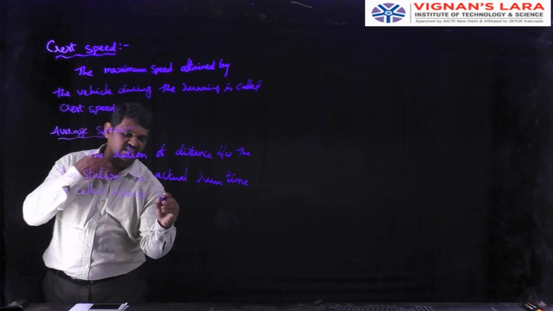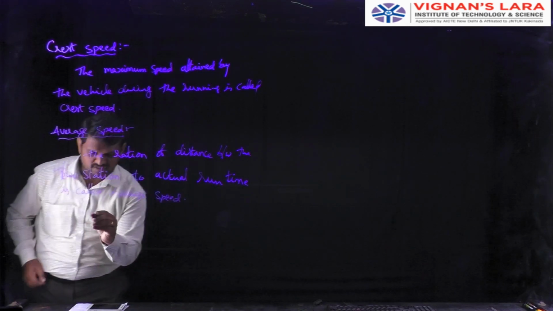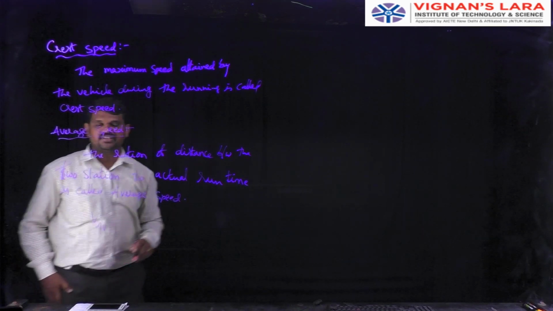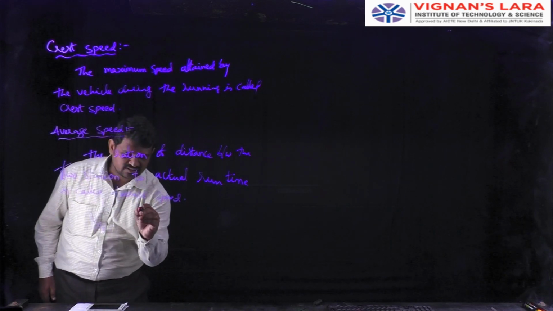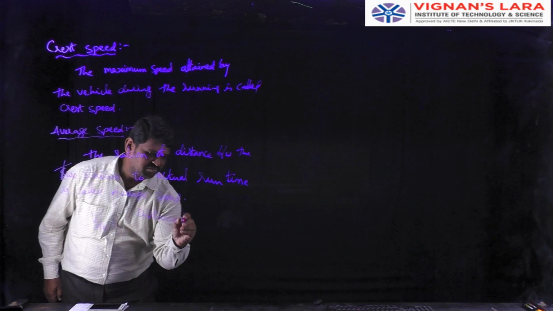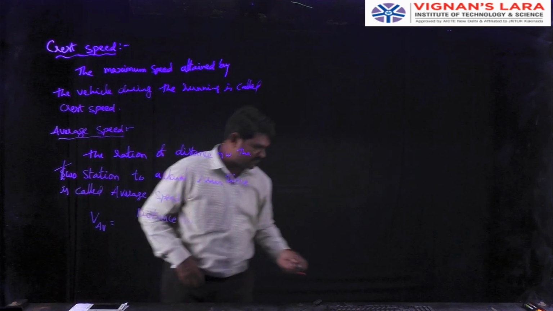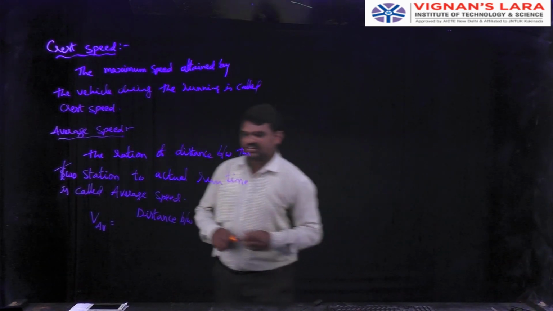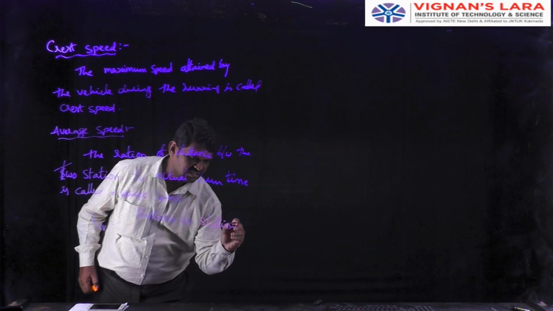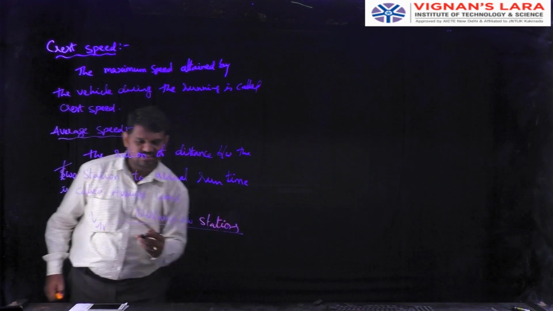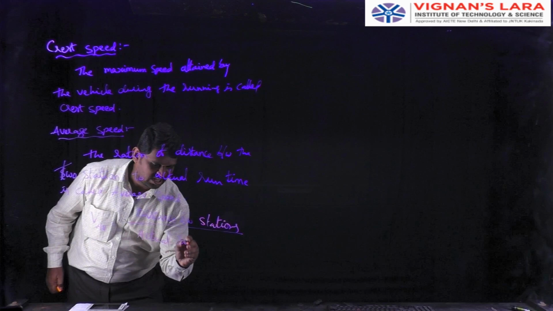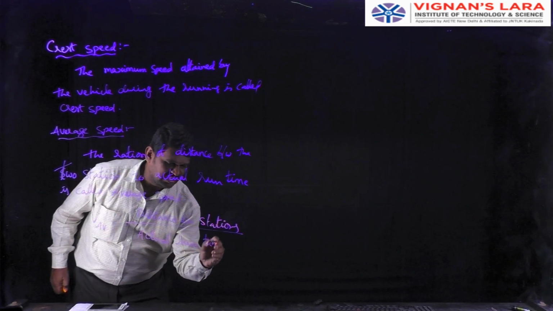V average is equal to the distance between stations divided by the actual run time.